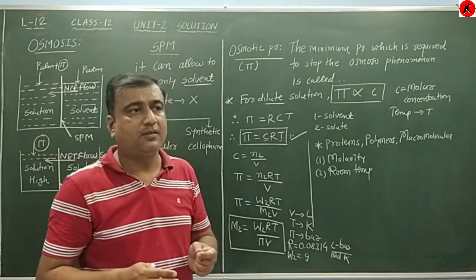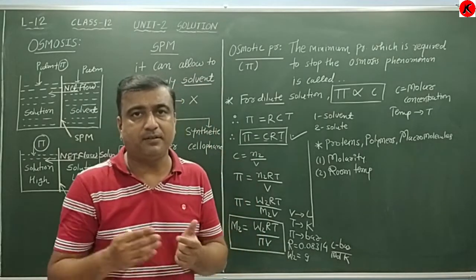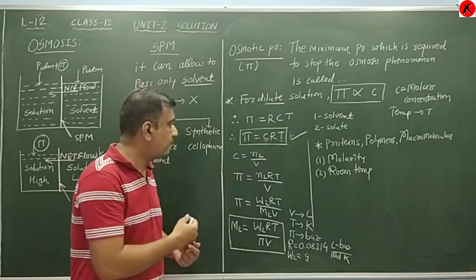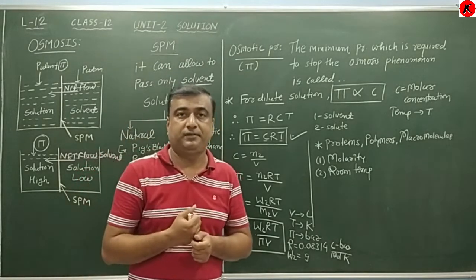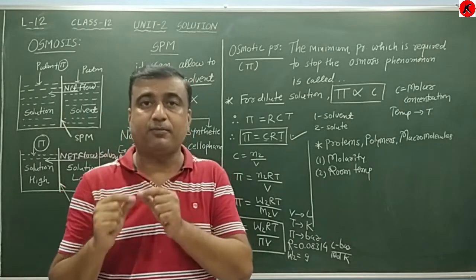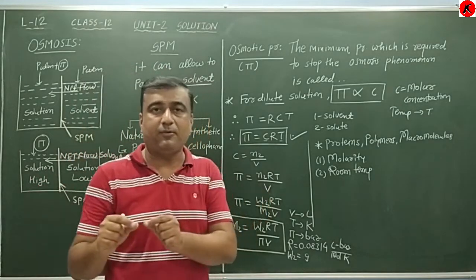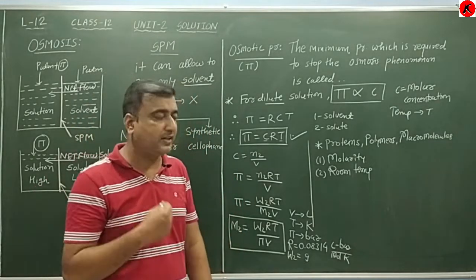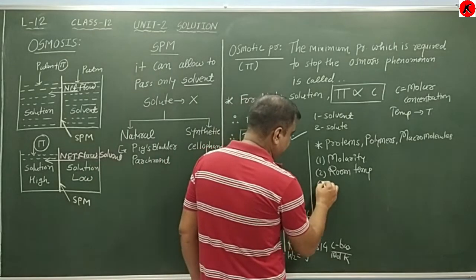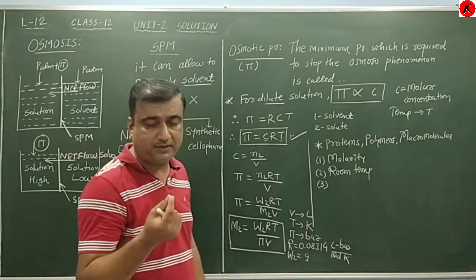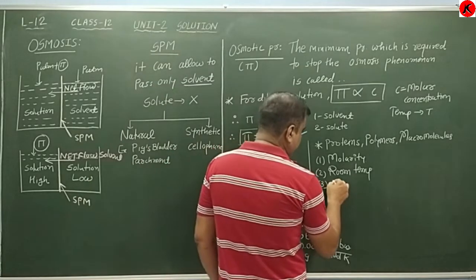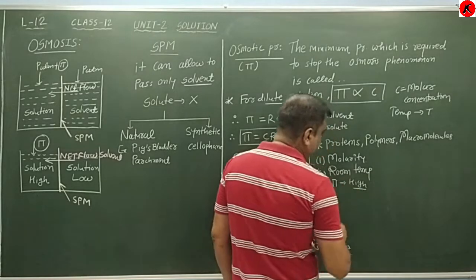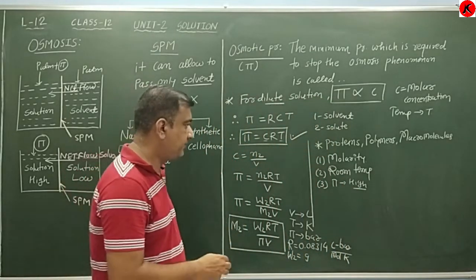That means we face difficulty experimentally to measure such small values, while the value of osmotic pressure is comparatively high compared to other colligative properties, so we can measure it easily. That means the third advantage is that osmotic pressure value is high.